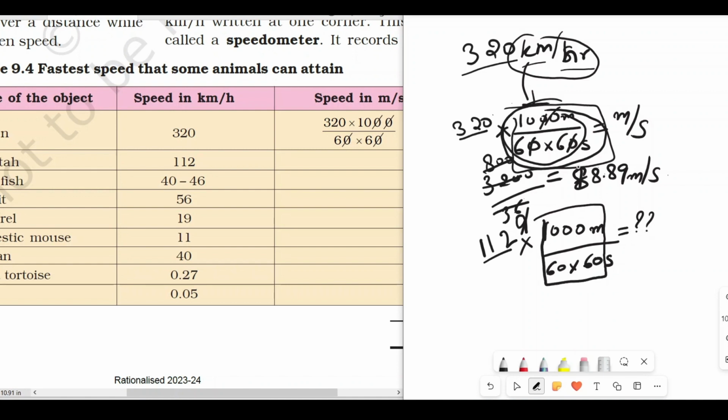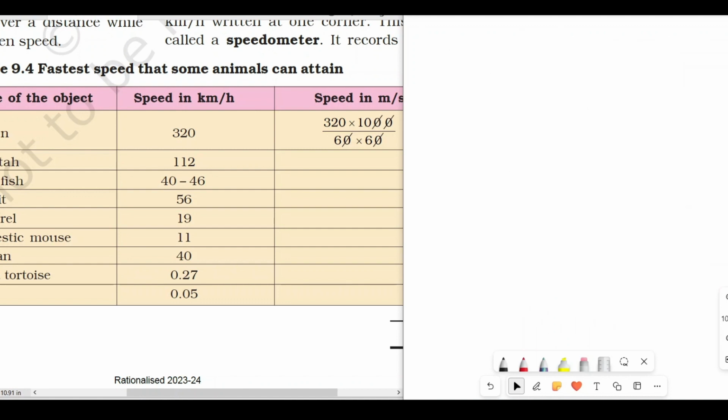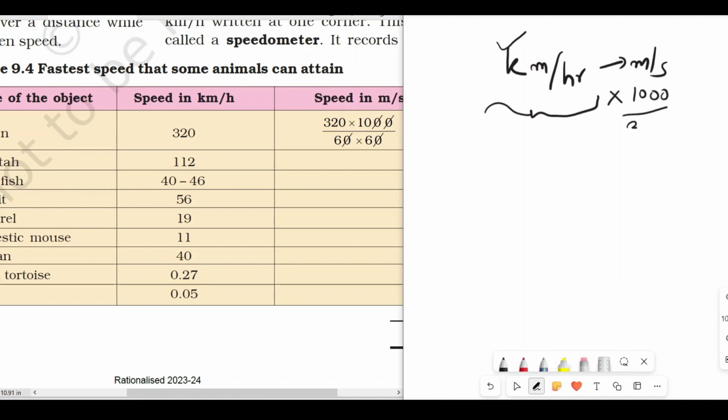So we can generalize to say that each time you convert kilometers per hour into meters per second, you multiply whatever the unit is, which is given in kilometers per hour, by 1000 upon 3600, or by 5 upon 18.